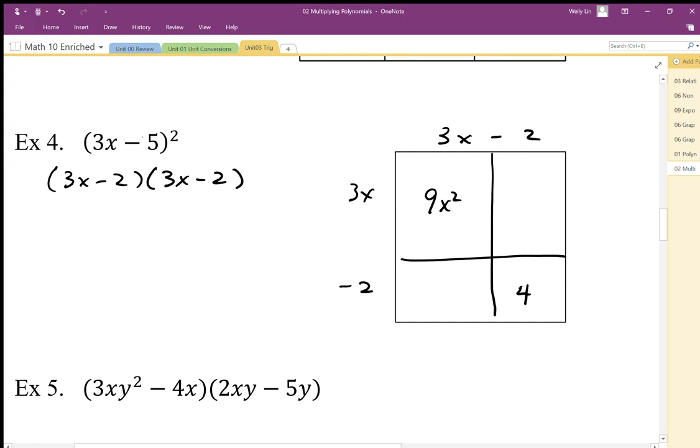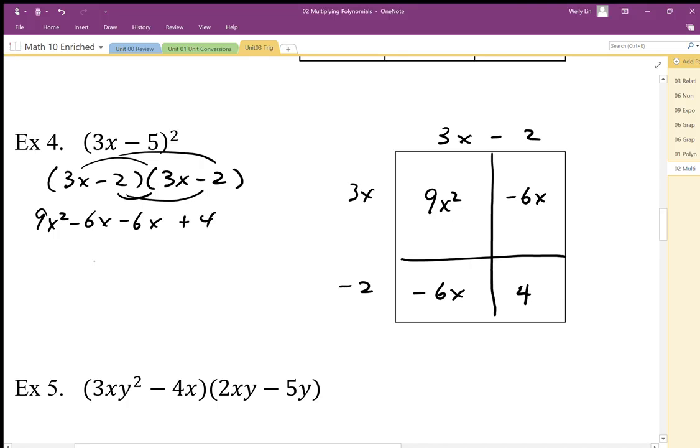So notice that if I just squared them, I would be missing these two parts, okay? Because squares and pluses and minuses do not get along. So I end up with minus 6x minus 6x. So my distribution, I end up with 9x squared minus 6x plus 4.